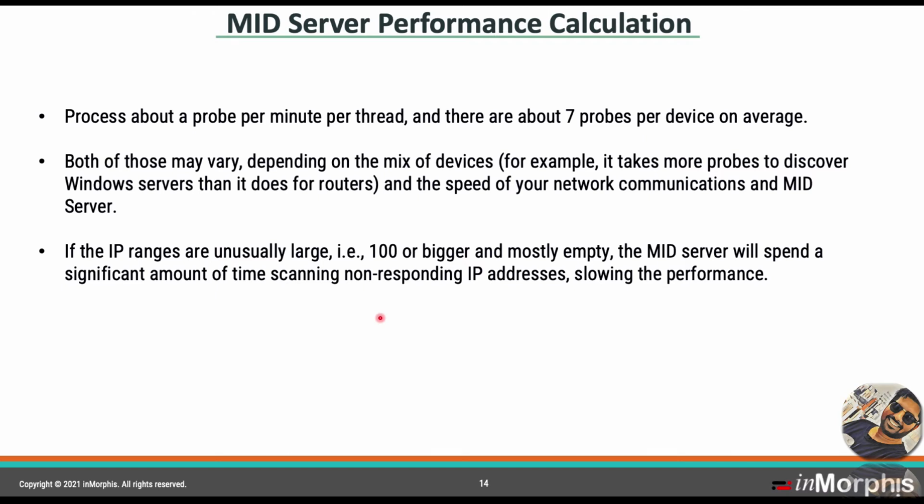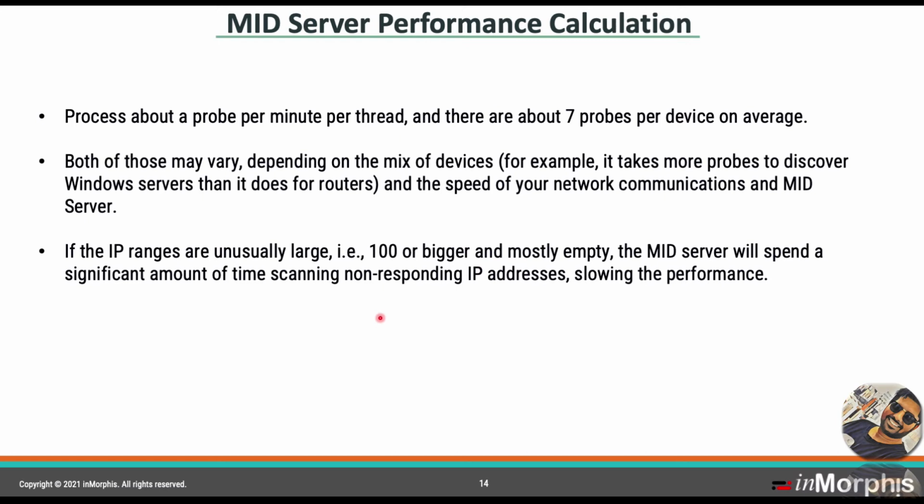So how do you calculate the performance of a MID Server? When I send a probe or a job to run on a MID Server, how many threads are needed? A MID Server actually processes about one probe per minute per thread. So it's like one job per minute per thread. Usually when you do a discovery, let's talk about it on a discovery basis, there are a maximum of 7 probes per device on average.